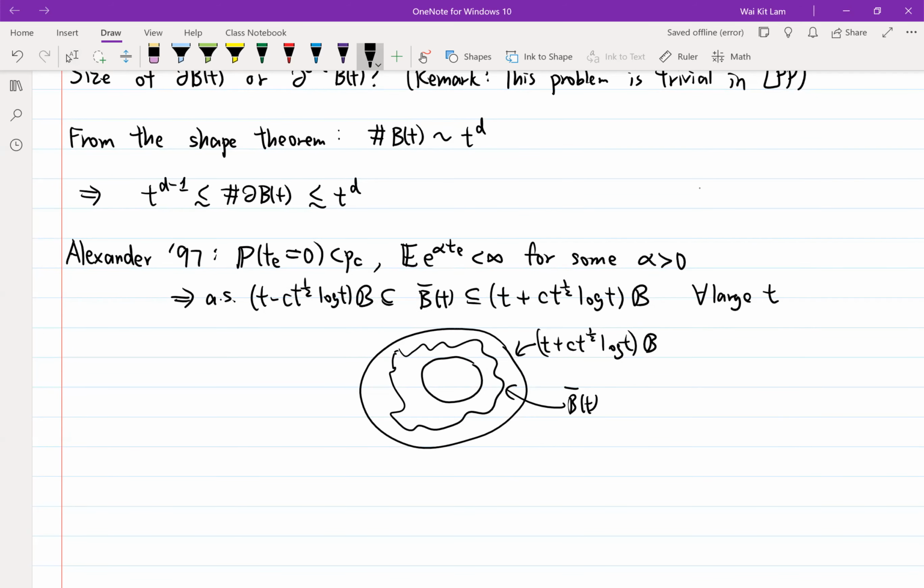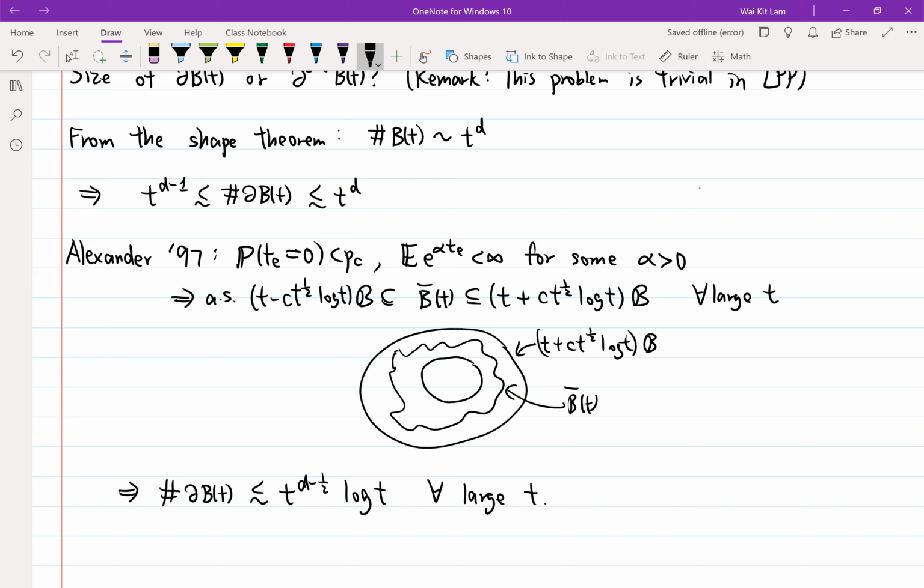If you believe this result, then you can conclude that the edge boundary will be upper bounded by the total number of edges in this annulus. So in this case, the edge boundary will be bounded above by some constant times t to the d minus half times log of t for large t, almost surely.